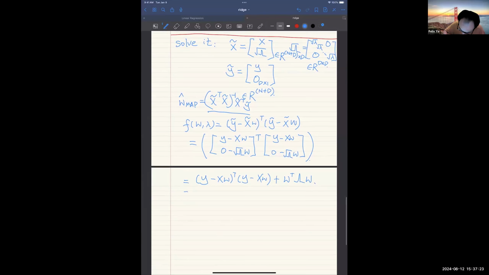So this is basically the same as the squared 2-norm of y minus Xw, plus my lambda here.